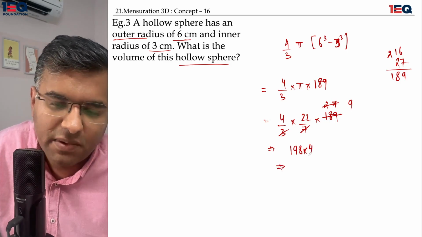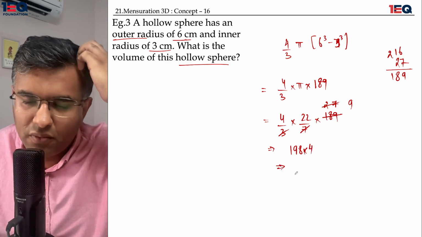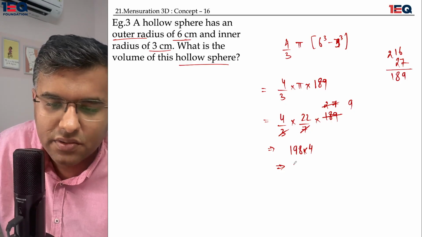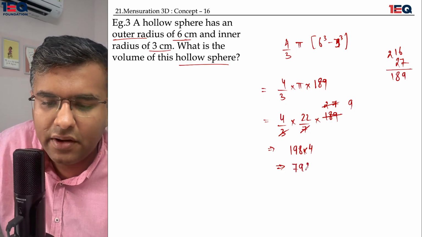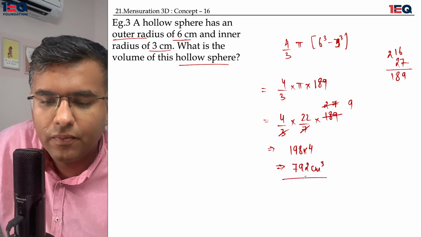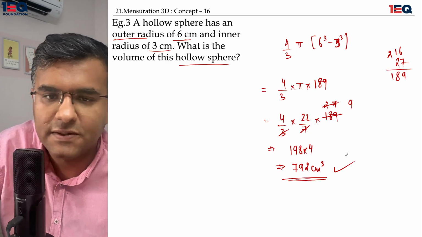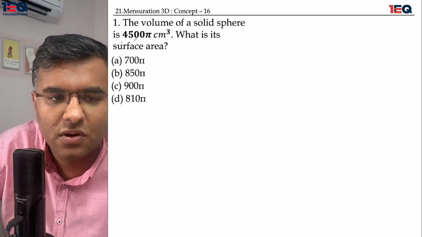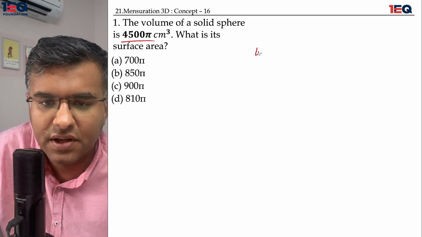So 200 multiplied by 4 would give me 800. 800 minus 8. So that would give me 792 centimeter cube. This is my final answer. Right? Let's go ahead. The volume of a solid sphere is this. What is its surface area?